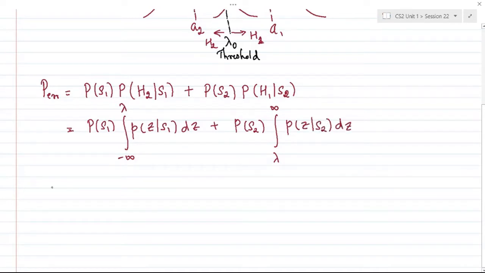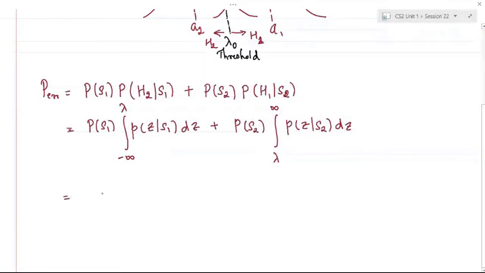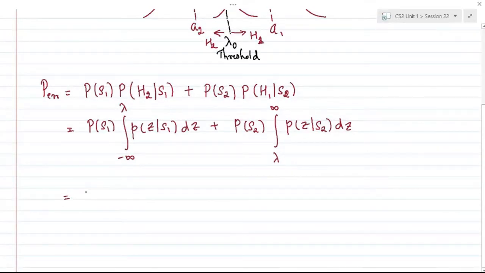So now we can differentiate with respect to lambda and set it equal to 0. Exactly, we are supposed to do that, but we can do a small adjustment here. This would be minus infinity to lambda, which we will retain as it is.